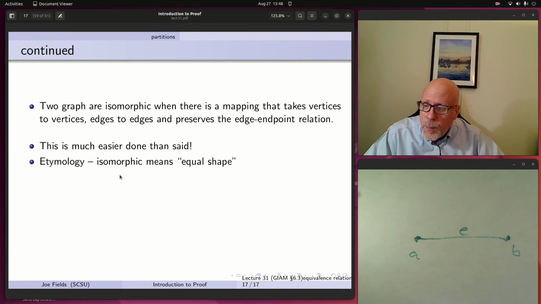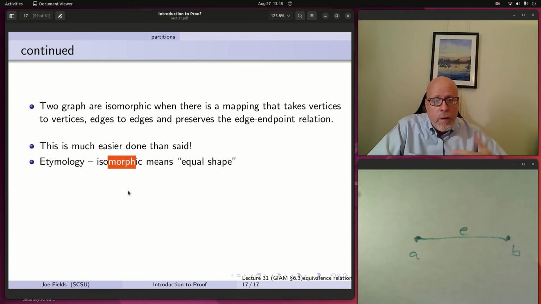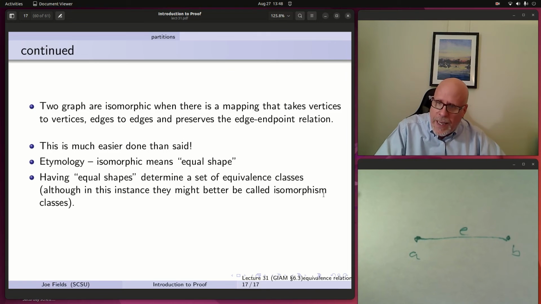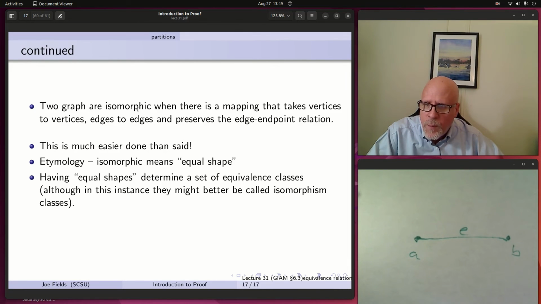Oh, let me point out the etymology. Isomorphic: iso, I believe, is a Greek prefix that means equal, and morph, well, you've probably heard about images being morphed. Morph really means shape. So isomorphic means having equal shapes. Having equal shapes determines a set of equivalence classes. Now, I haven't really been very accurate in what this isomorphism business is.